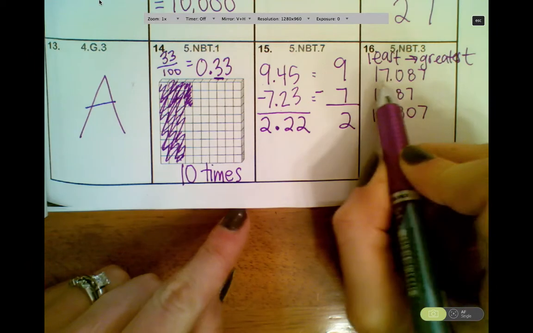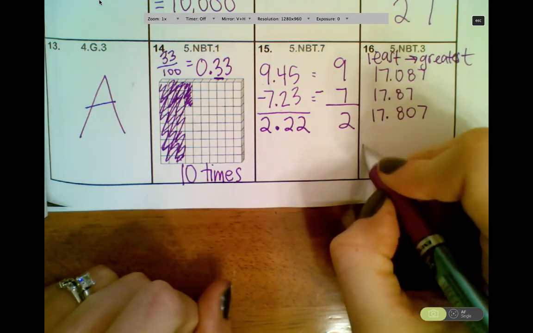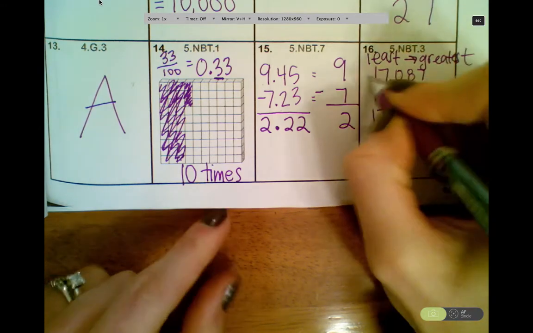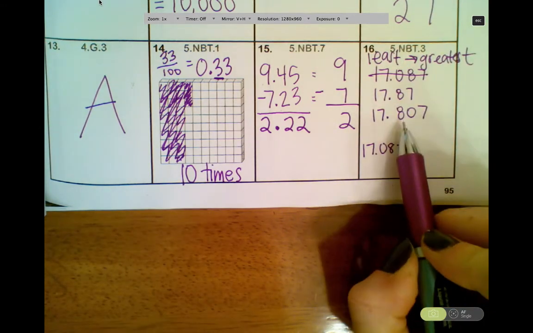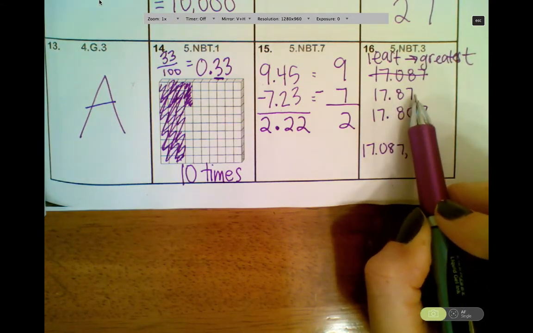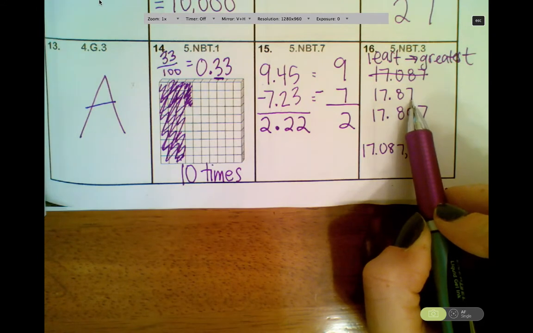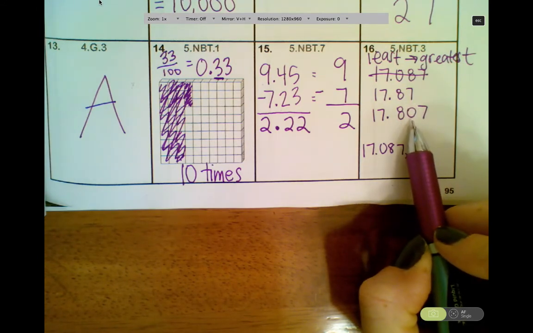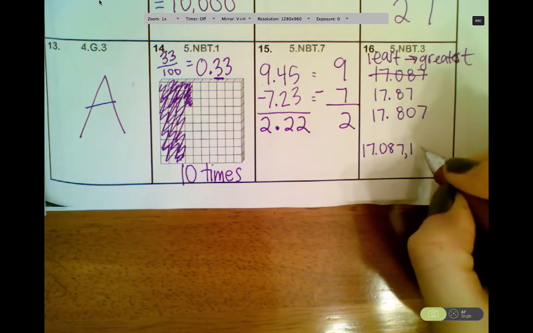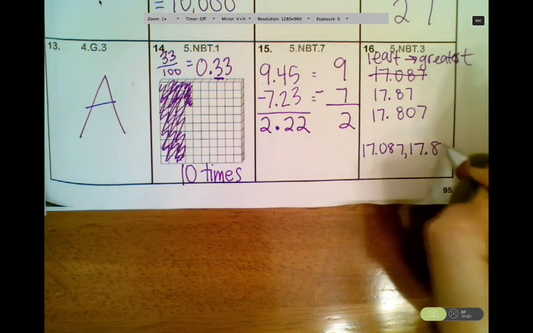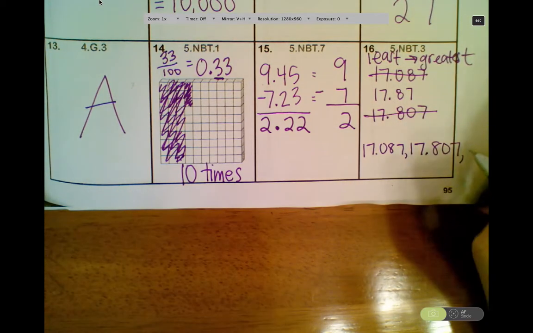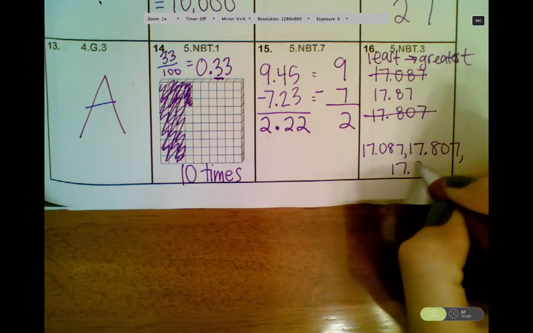I automatically know that the 0 is the smallest, so that number is the least. In my tenths place I have an 8 and an 8, so I'm going to go to the hundredths place to compare. In this number there's a 7, in this number there's a 0. That means this number is the next. And finally, the greatest value is 17 and 87 hundredths.